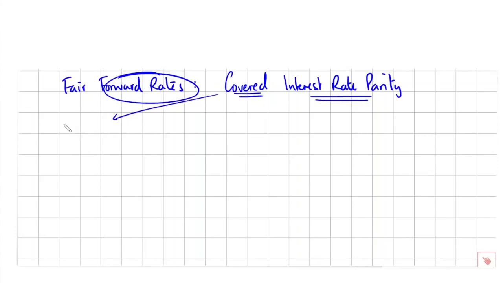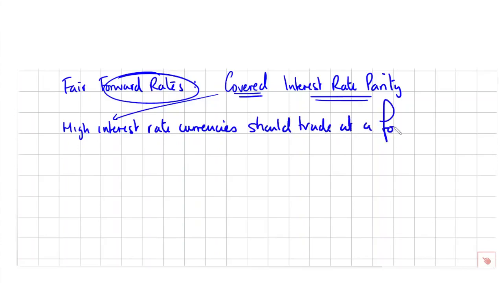Covered interest rate parity says that high interest rate currencies should, if markets are efficient, trade at a forward discount. And if they do, you don't earn excess return on a hedged foreign currency position, which is really what we're demonstrating here.